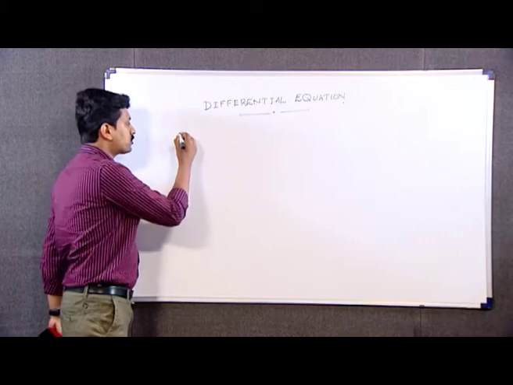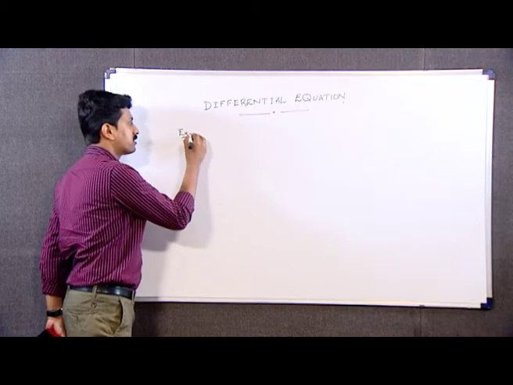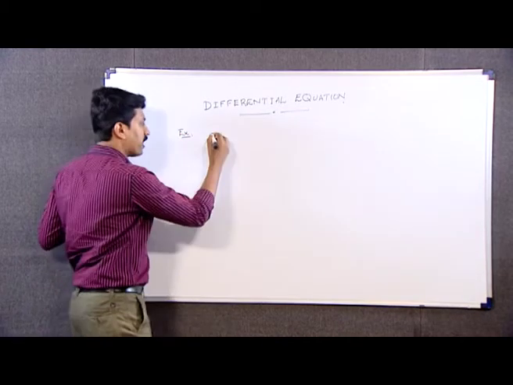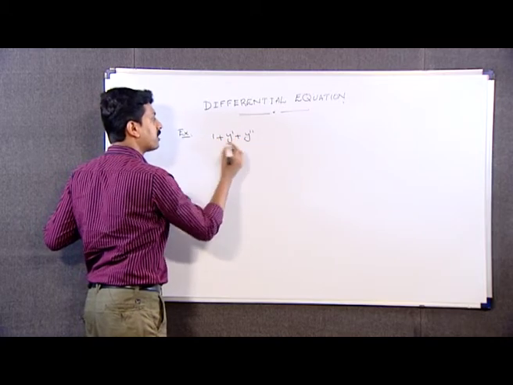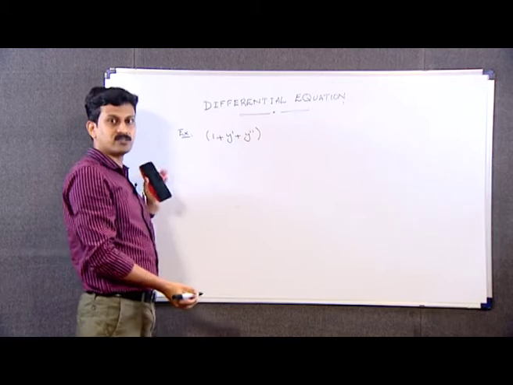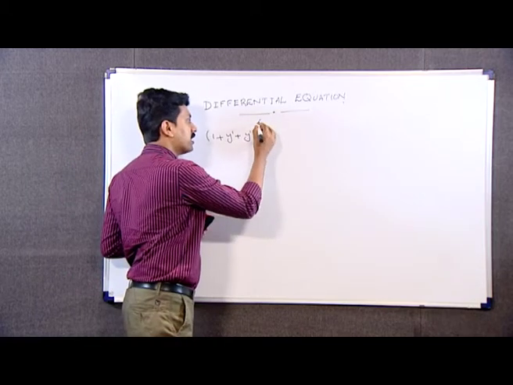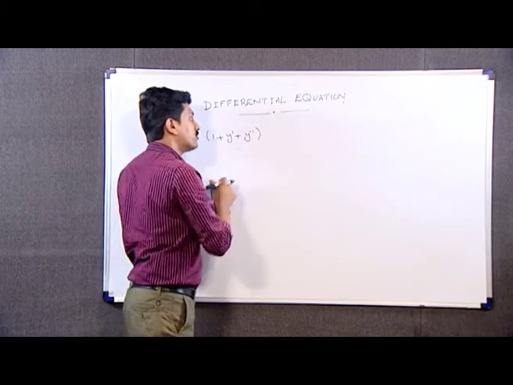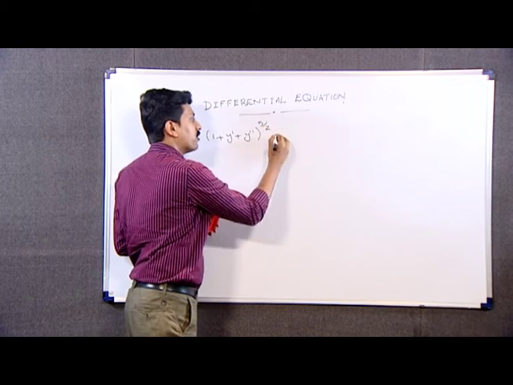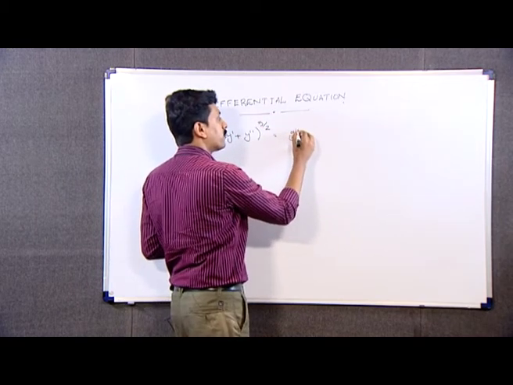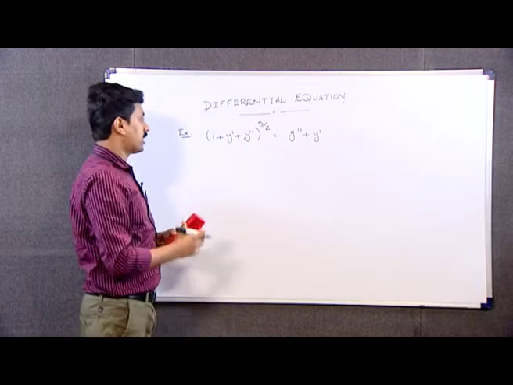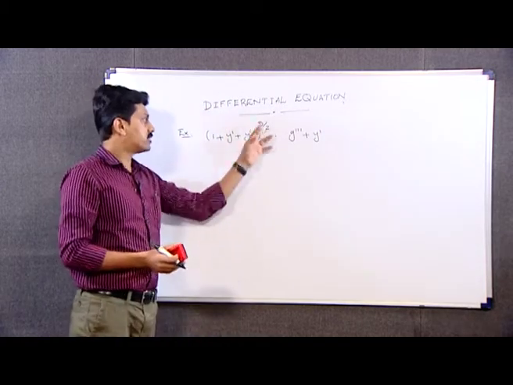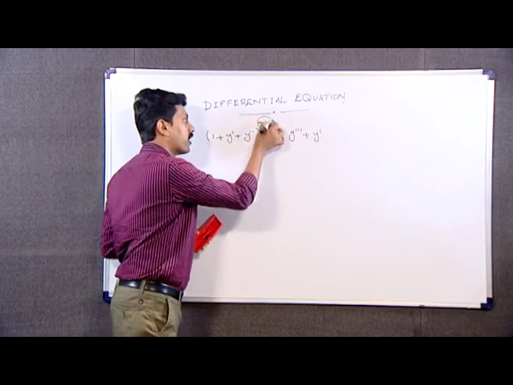Okay, we can move to the next example, that is 1 plus y dash plus y double dash whole raised to 5/2 equal to y triple dash plus y dash. Listen, as we said earlier, this is the rational power 5/2.